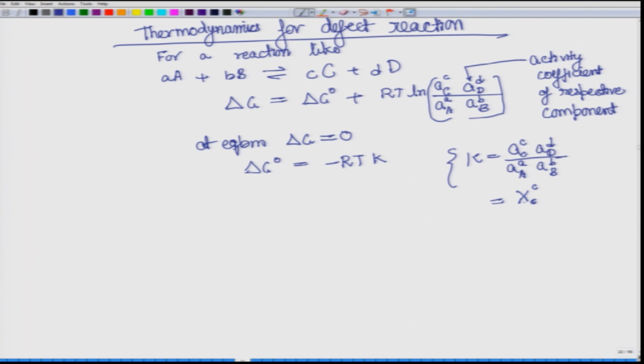So we have the equilibrium concentration of C to the power c, the equilibrium concentration of D to the power d, over the equilibrium concentration of A to the power a, and so on, where the powers are the number of moles.